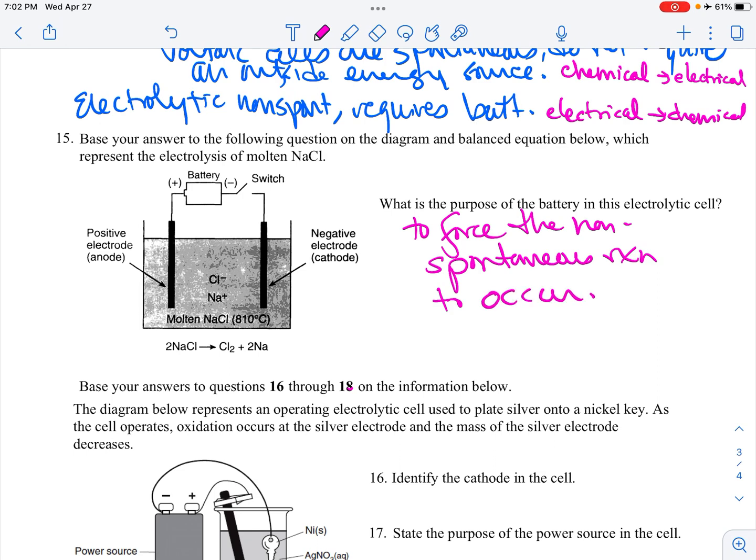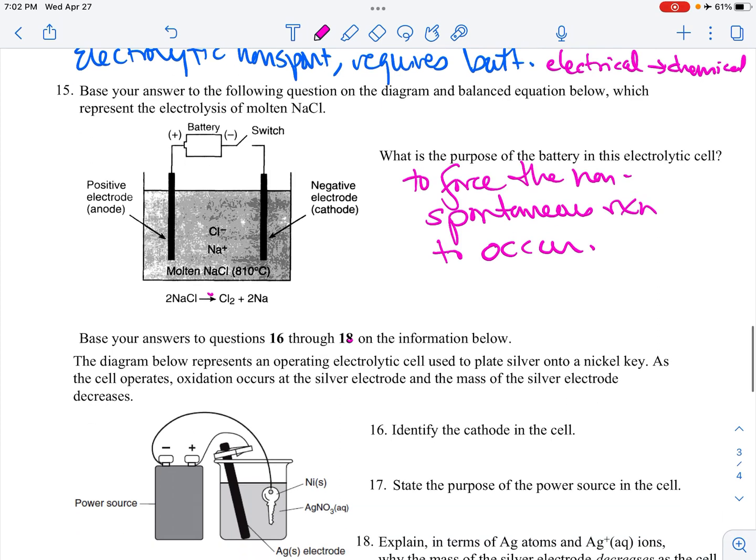Because the anode getting smaller and oxidizing, and the negative electrode, the cathode, getting larger, that's not going to happen unless you have the battery to force that. According to the Regents' short answer key, electrolytic cells require energy, forces, yeah, okay.